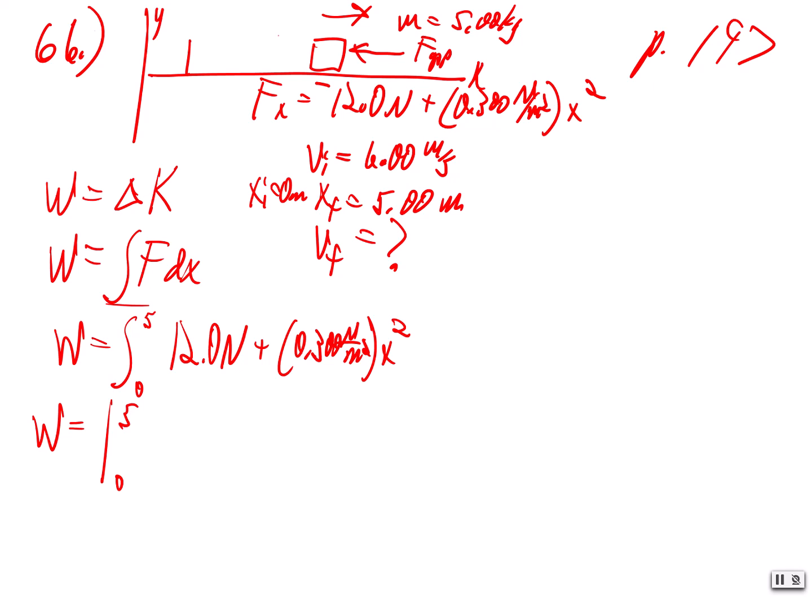We can pull the force out. Let me do this: 12 newtons, 5 and 0. So when we integrate, that becomes 0.300 x cubed over 3.